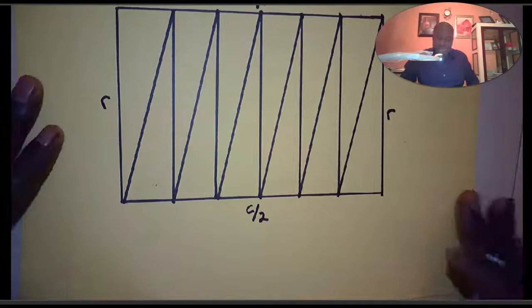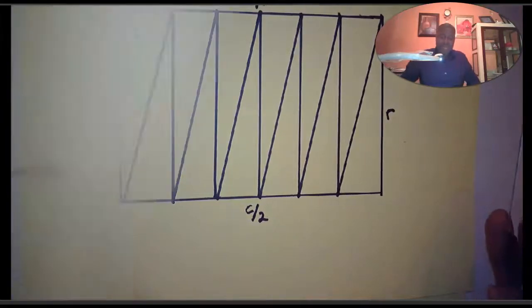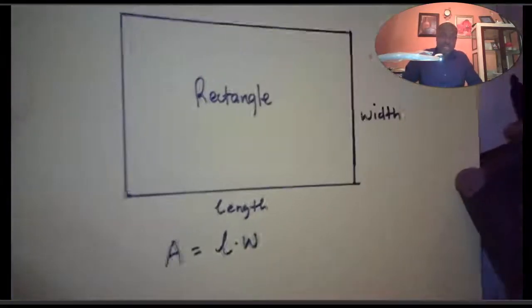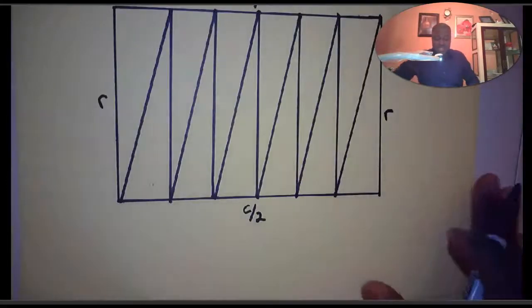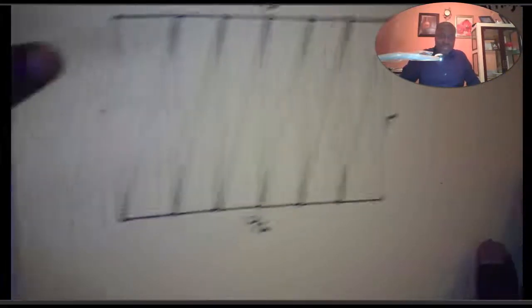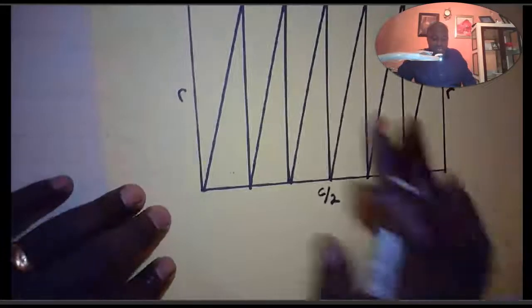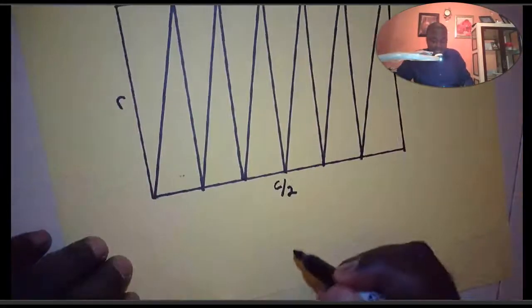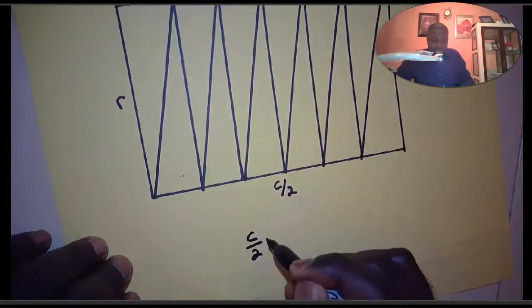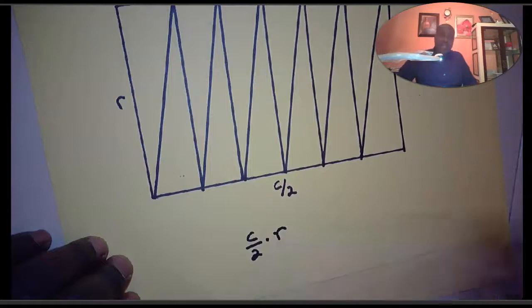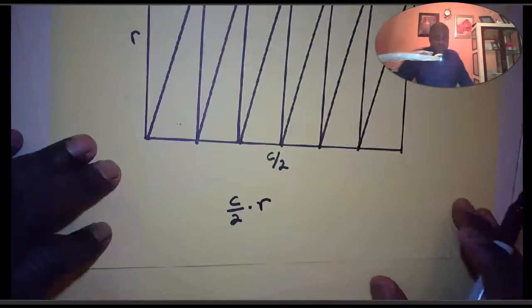So if we use the idea of this rectangular area, then we can say that the area of this shape here is the length, which is the circumference divided by 2, times r here.